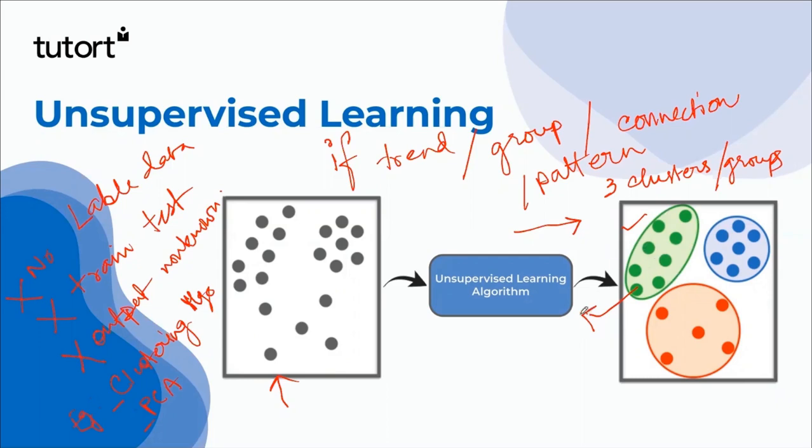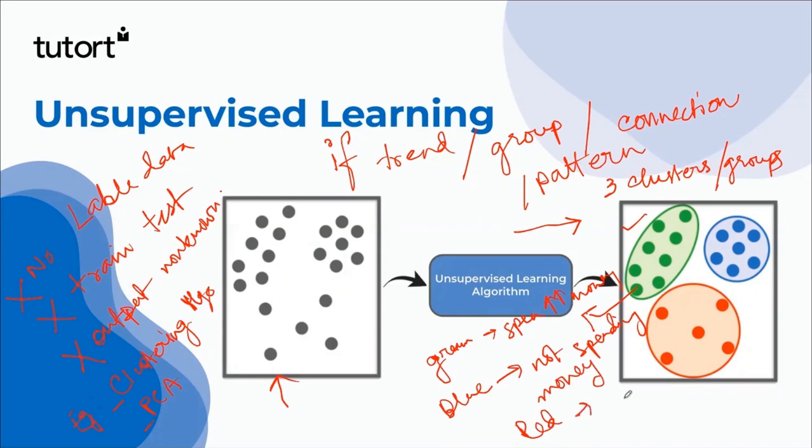Suppose this green group represents the customer segment which spends a lot of money. Green spends more money. The blue group is made in such a way that it is not spending money. And the red group is spending money on some specific product.